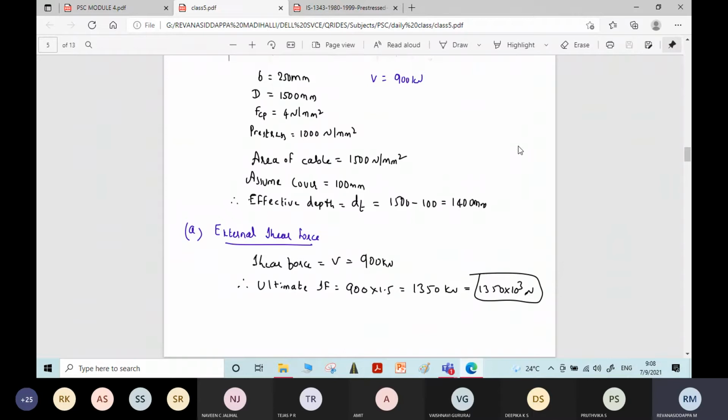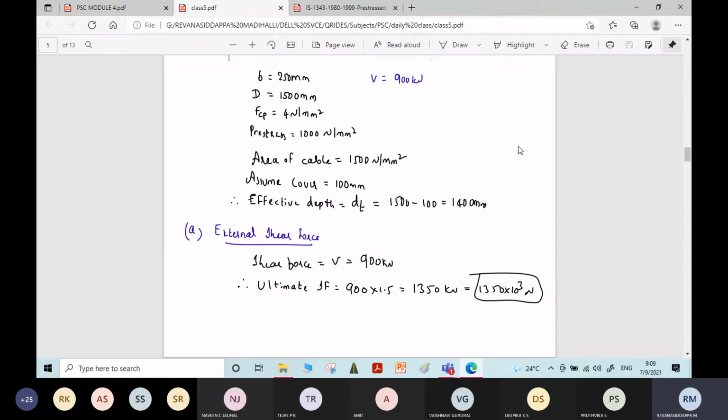If the ultimate shear resistance is higher than the ultimate shear force, we have to provide minimum reinforcement. If the ultimate shear resistance is lesser than the shear force acting on the beam, then we need to provide shear reinforcement.